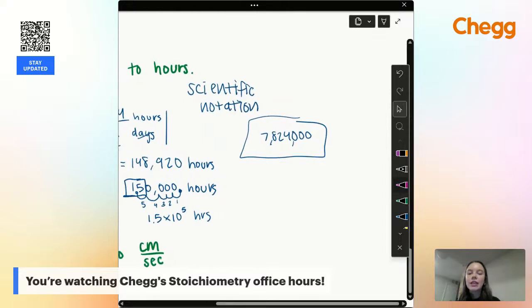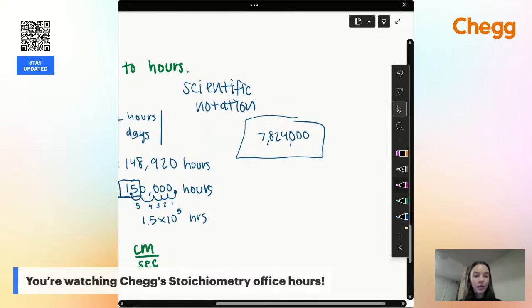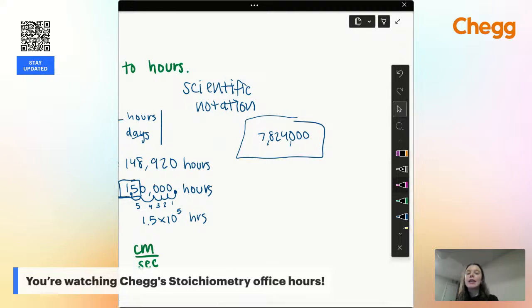We have 7,824,000. We want to put that in scientific notation. So to do that, again, we start where our decimal point would be, and we do humps until we get to one number before the decimal. So right here, in that case, our number 7, and then we count those humps. 1, 2, 3, 4, 5, 6.